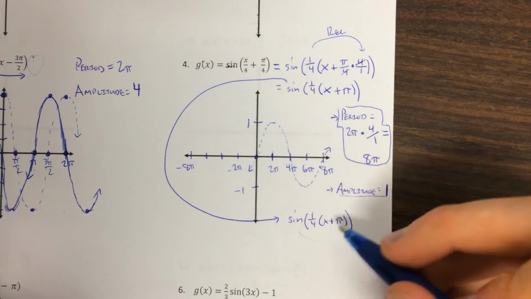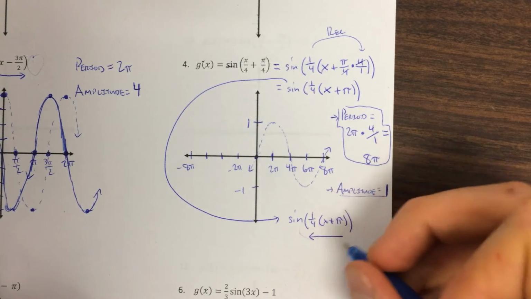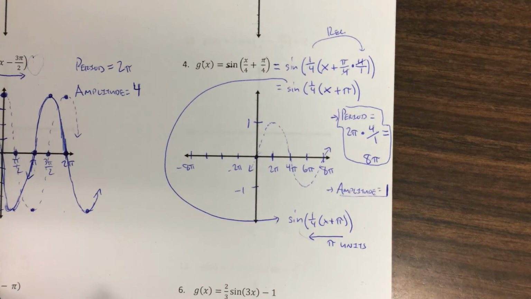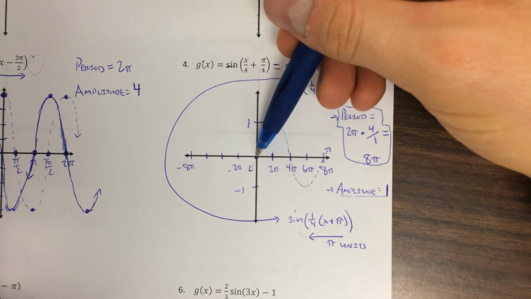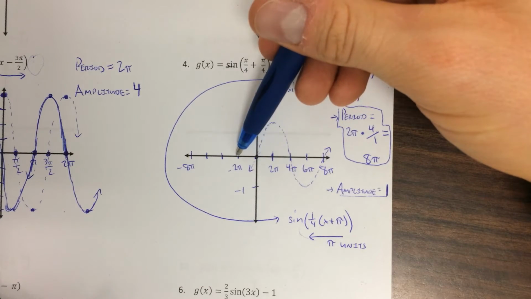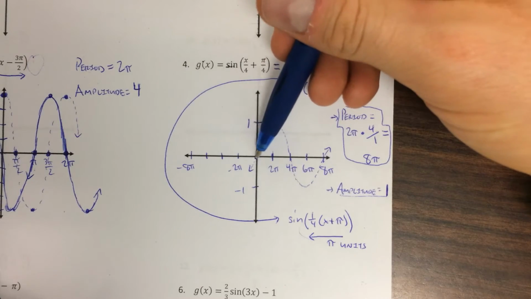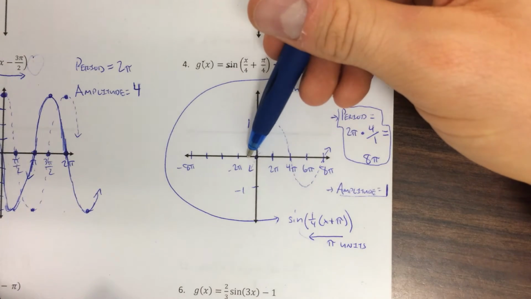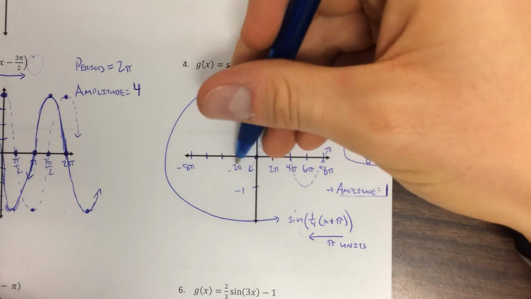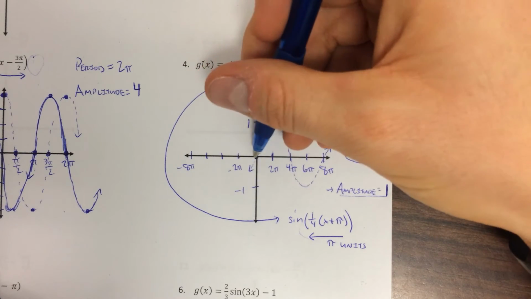and this plus pi means we shift to the left pi units. Well, if I'm starting at 0 and I shift here, I shift it to the left 2 pi, which means if I shift halfway, that should be shifting to pi. So if I shift all the way here, that's 2 pi to the left. So I'm going to go halfway.